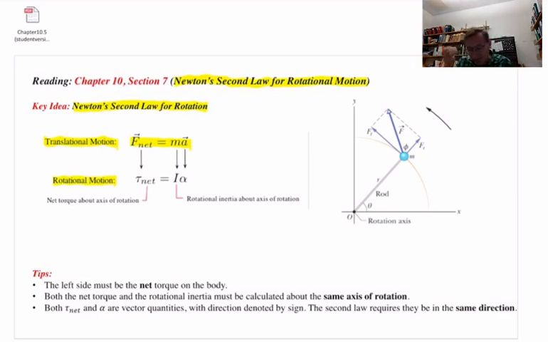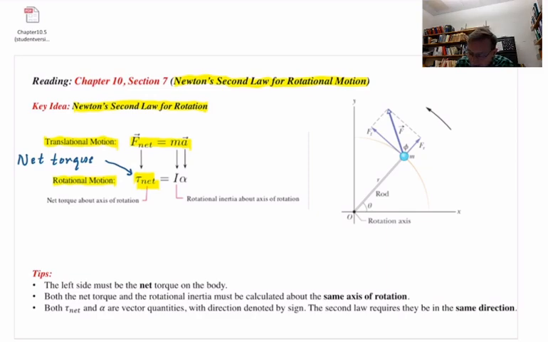So for example, the rotational version of net force is net torque. Remember that symbol there? Is a Greek lowercase tau. And so that means net torque. Replace net force with net torque.